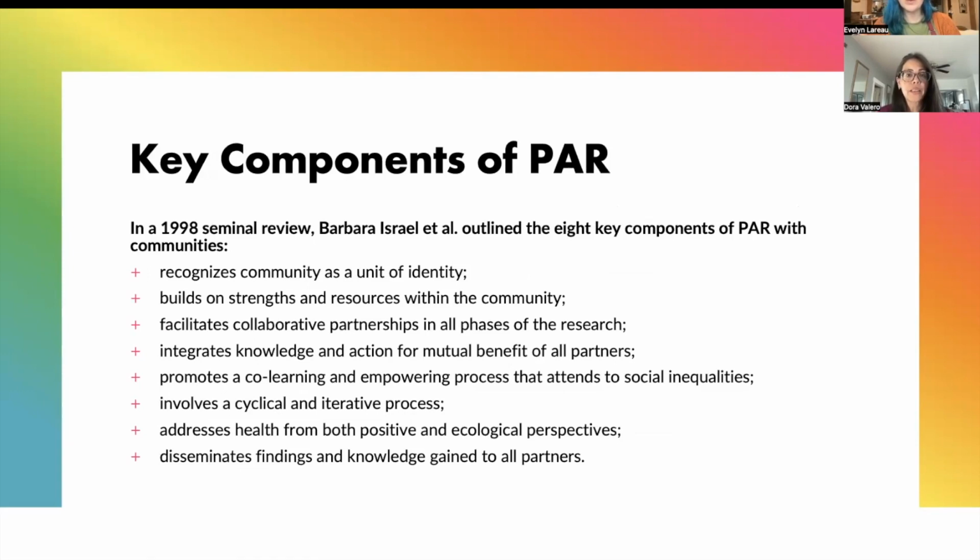Yes, key components of participatory action research, or PAR. In a 1998 seminal review, Barbara Israel outlined the 8 key components of PAR with communities.